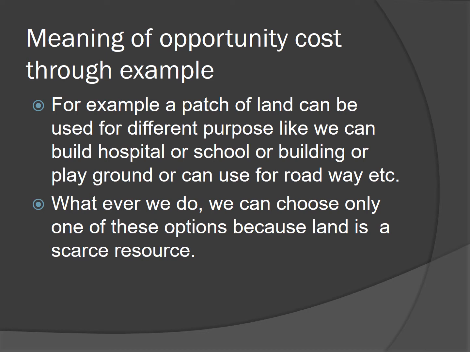For example, a patch of land can be used for different purposes, like we can build a hospital or a school or a building or a playground, or use it for a roadway, etc. Whatever we do, we can choose only one of these options because land is a scarce resource.